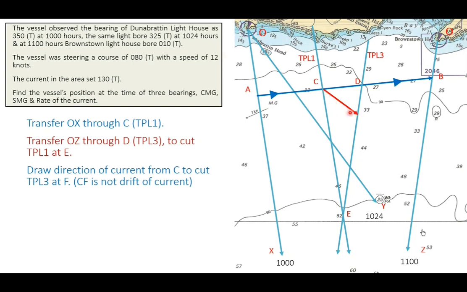When you plot it on the chart, it is going to meet TPL3 at a certain point. Let's name this point F. You can see the F point on the chart now.